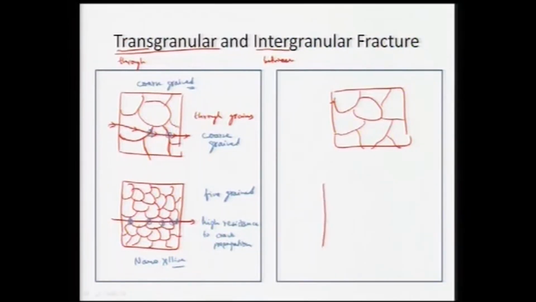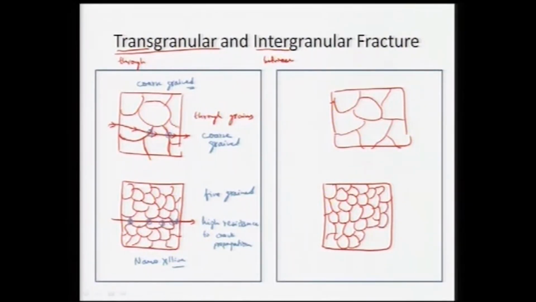So, let me also draw one for the nanocrystalline. In this case we have a very fine grain structure, and the grains will be very random in nature, though I am drawing a little bit more systematic structure. In the case of coarse grain material, the crack will initiate at one point and follow the grain boundary to finally fracture.